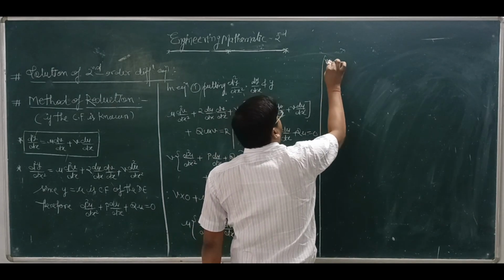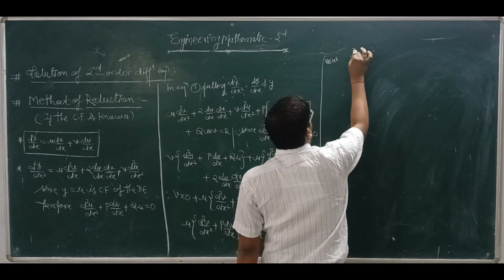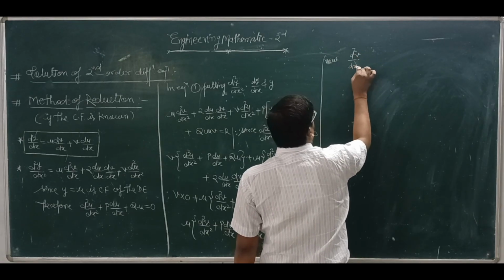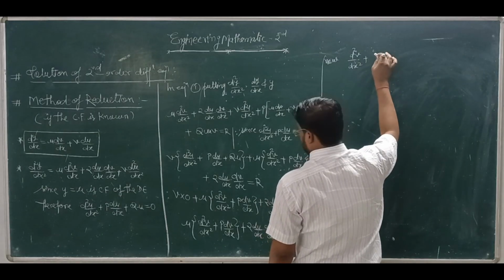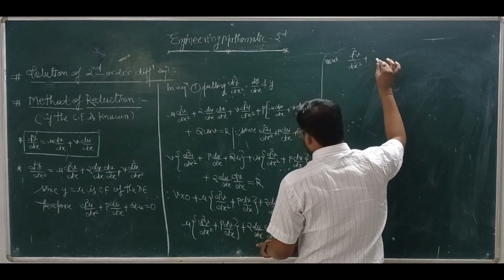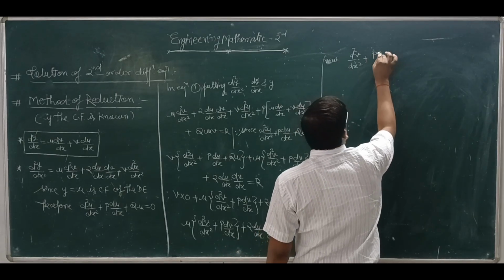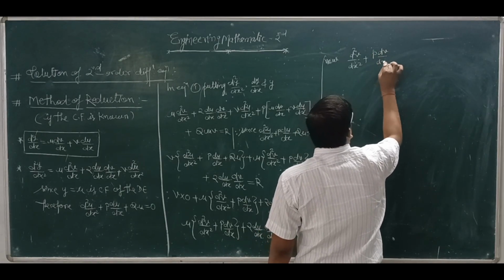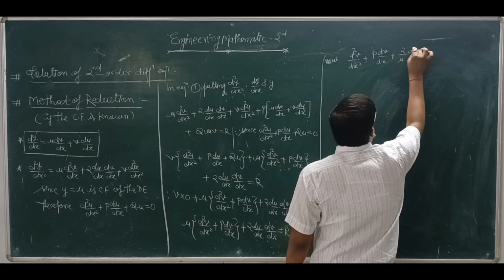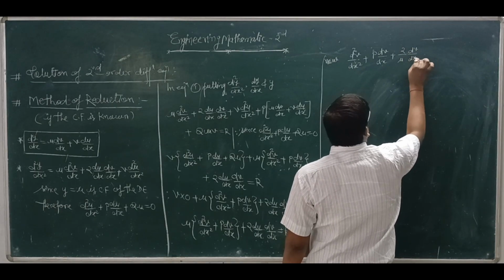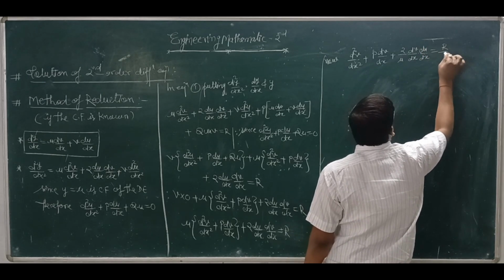Now you can write d2v of dx2 plus common dv, this means plus p dv of dx plus 2 upon u dv upon dx into du of dx is equal to r by u.